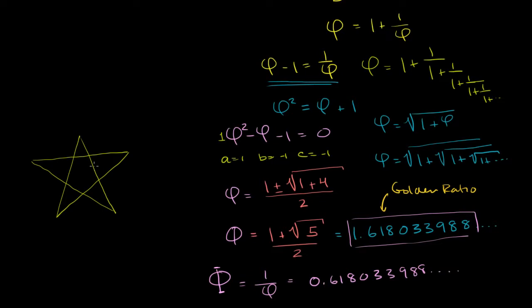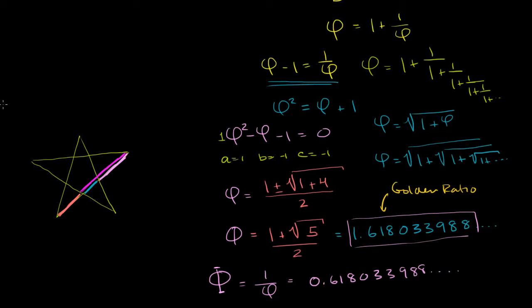The ratio of this pink side to this blue length right over here, that's the golden ratio. The ratio of this magenta to this pink is the golden ratio, as it should by definition. Now the ratio of the magenta to this orange is also the golden ratio. It just keeps on showing up in a ton of different ways when you look at a pentagram like this.